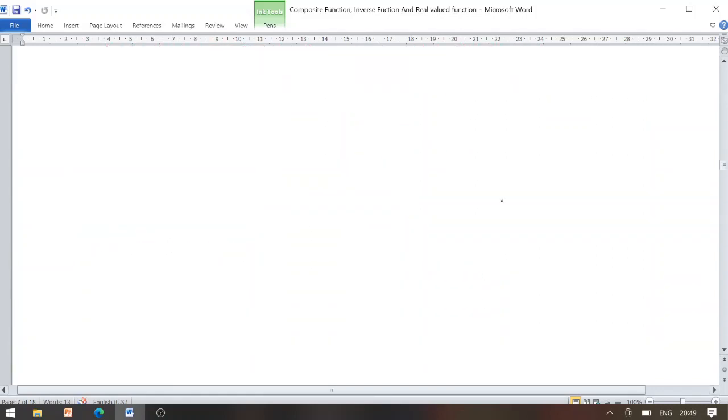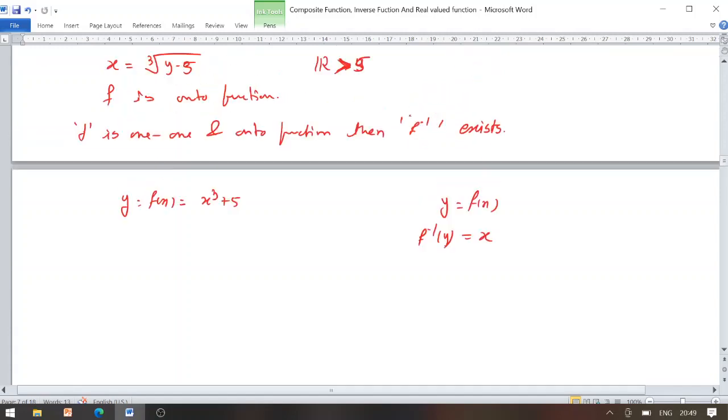So now how to find the f inverse for the given function? We have y equals f of x equals x cube plus 5. So once y equals f of x is the function, then x equals f inverse of y becomes the inverse. So now look at it carefully.